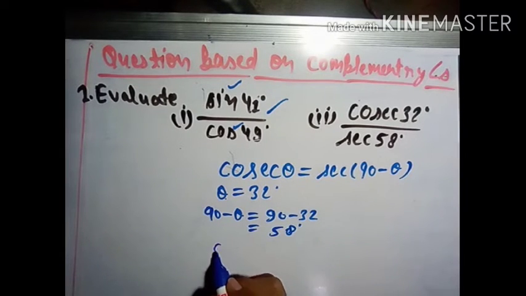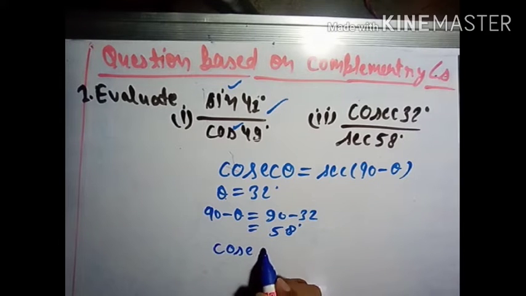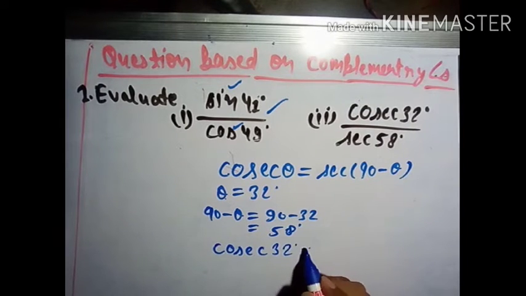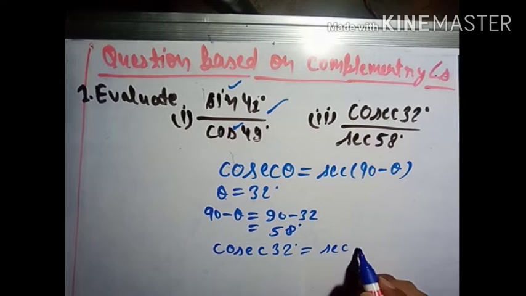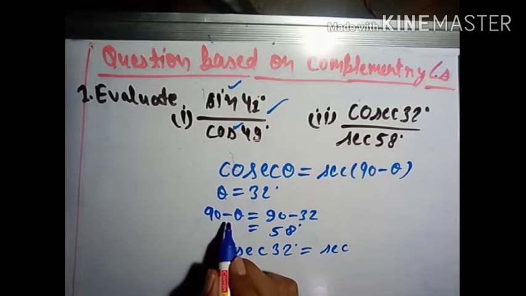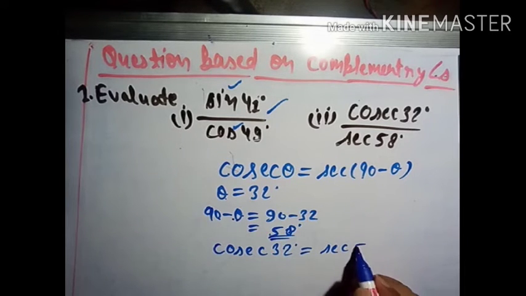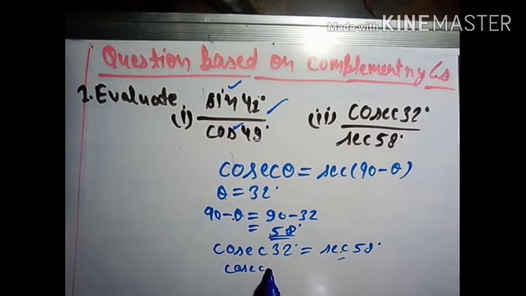Look here, cosec 32 is equal to sec how much? In place of 90 minus theta you can put 58 degree. So 58. Now again divide both as I did earlier.